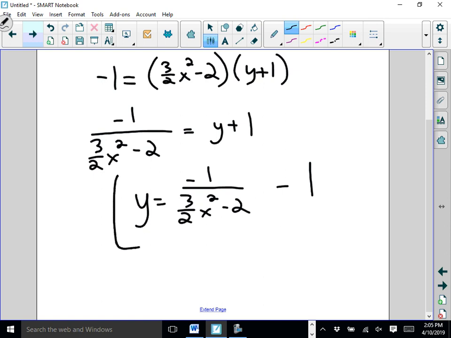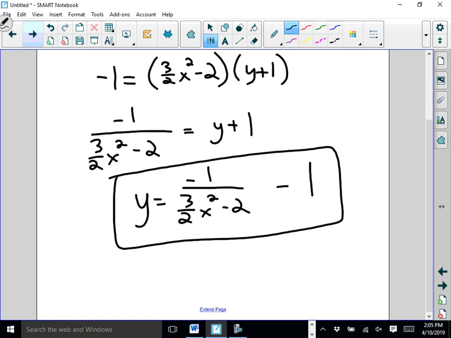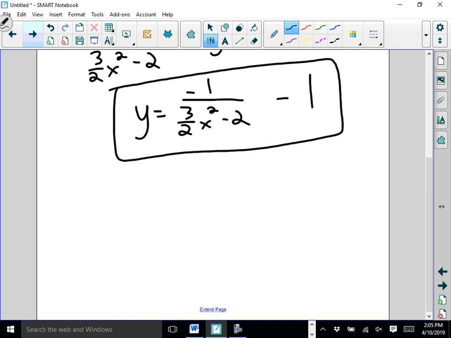One thing that you might see in terms of multiple choice is that they usually don't leave fractions within a fraction. So what they would do is multiply the top and bottom here by 2. Again, you do not need to do this on the exam. I'm just showing you for multiple choice purposes. Doing that, this would look like this: y equals -2 over 3x squared minus 4 minus 1.